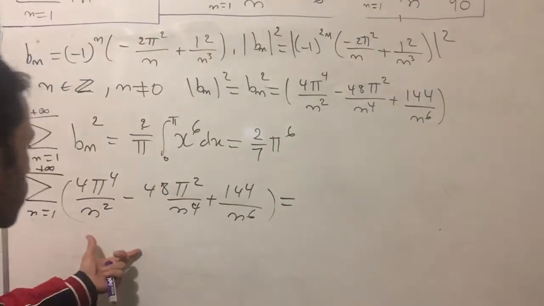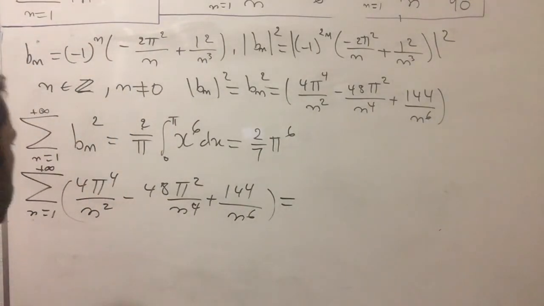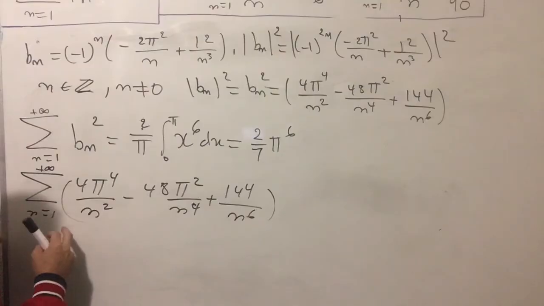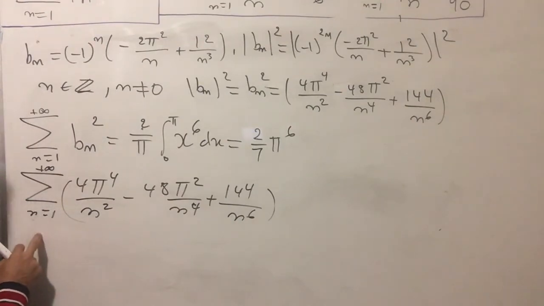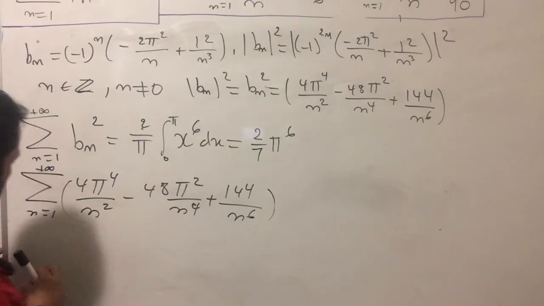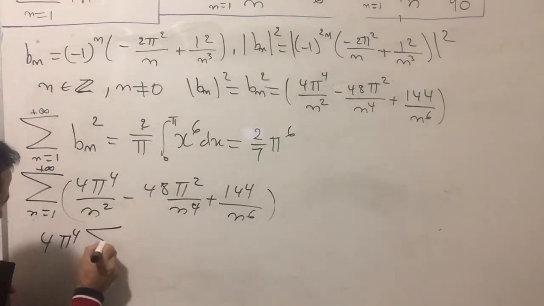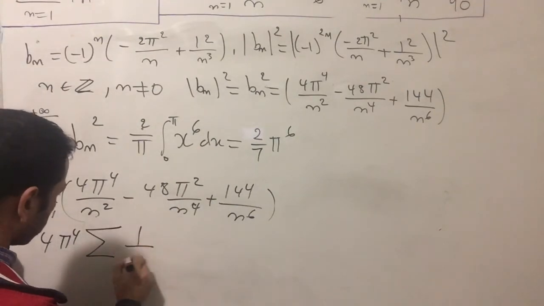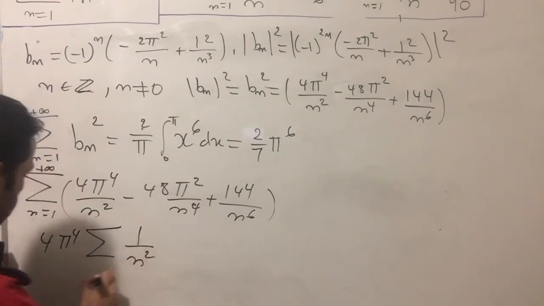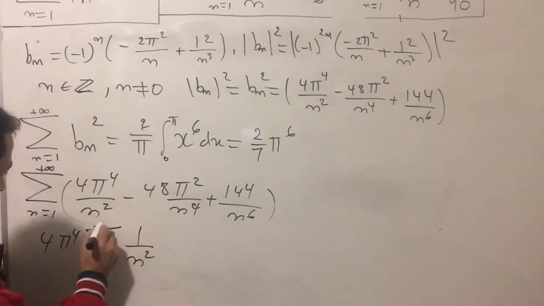So I'm going to split this sum into 3 parts. For the first sum, I'm taking 4 pi to the 4th outside of this sum because it's a constant. The sum of 1 over n squared as n goes from 1 to plus infinity.